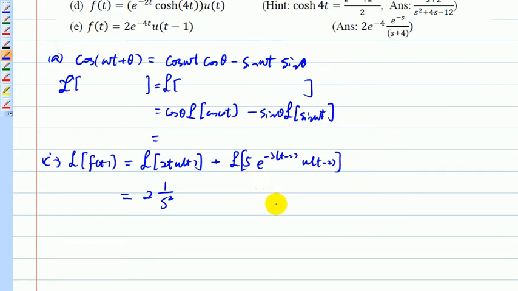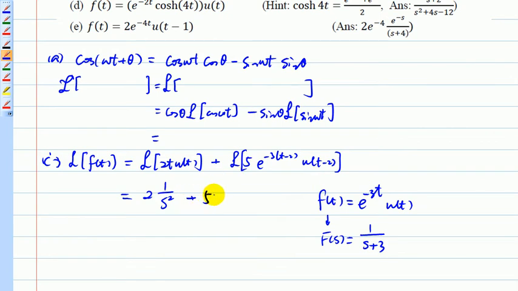So the only problem is, what is f of t here, right? And f of t here, you look at this one, it's basically e to the power negative 3t, with a u of t. And the Laplace transform of this one is capital F of s, 1 over s plus 3. So now you probably know the Laplace transform of this whole thing.